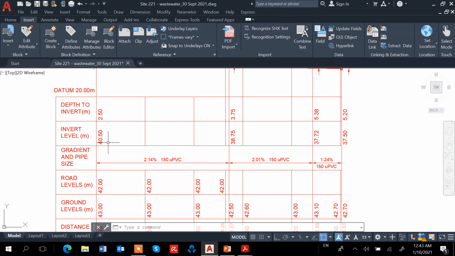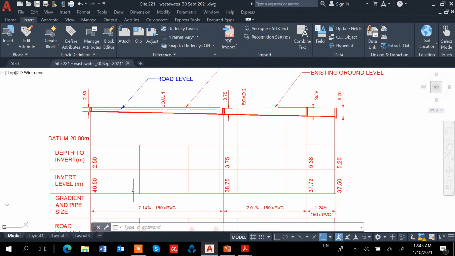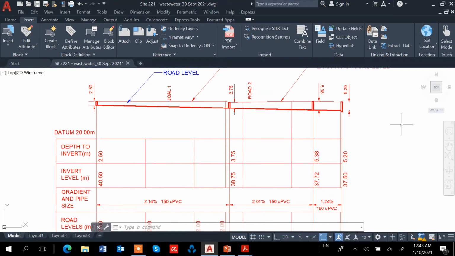Besides that, we need to have the invert level. We work backward from the existing manhole, which is given as 37.5.